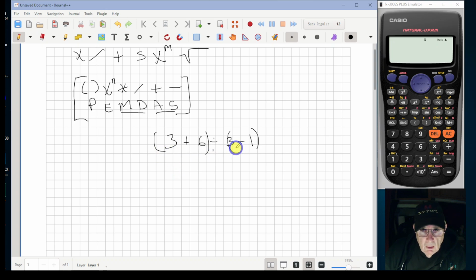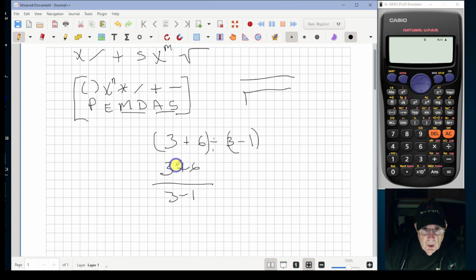In writing this out, I should not have written it this way in the first place, because by definition, the operator for division is either the fraction bar or the division box, because both of these are signs of grouping, and parentheses are also used to group operations together. I could have simply written this as 3 plus 6 over 3 minus 1. There's no ambiguity in the order here.